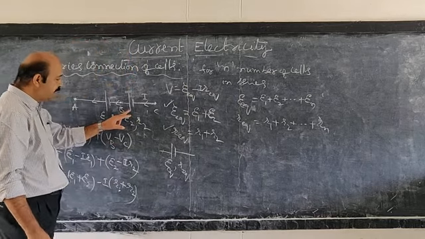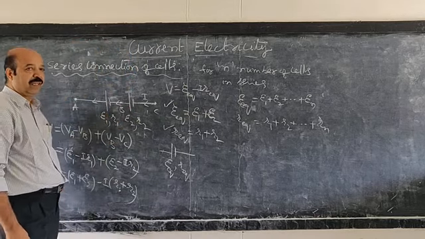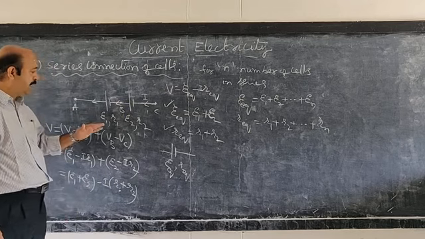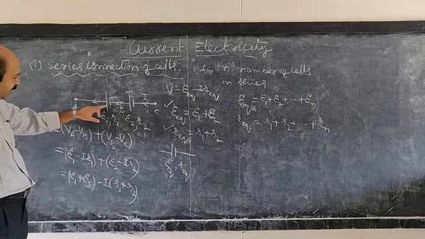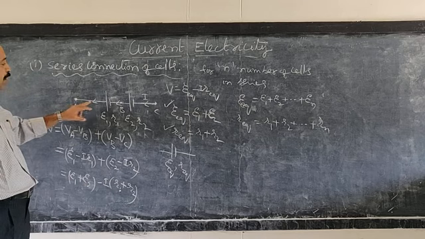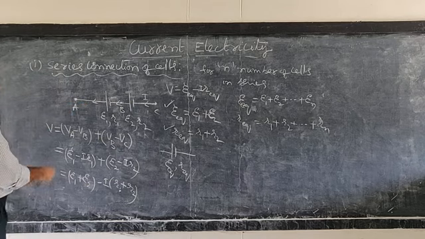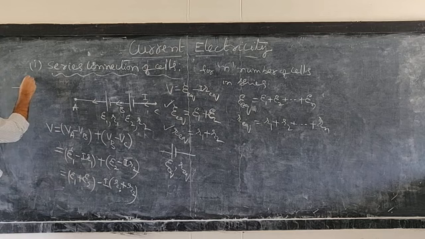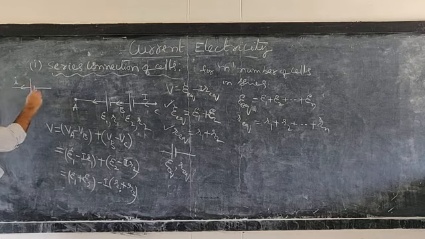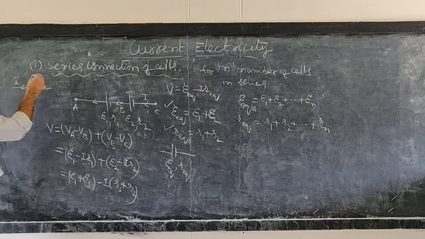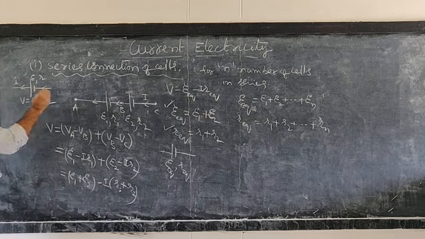Suppose one of the cells is reversed, then what do you have to do? If the cell is giving out the current, we call it discharging. As you have seen in the earlier case, if the current is coming out, let us suppose like this, with EMF E and R, then V is equal to E minus IR.